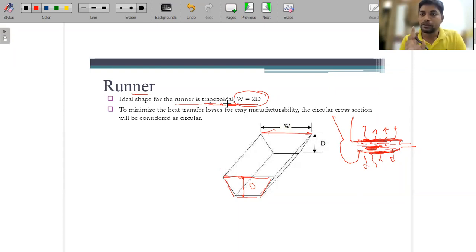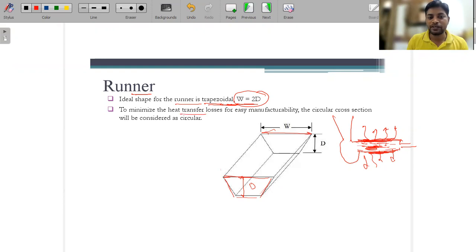As per the materials only we are considering these shapes. If we are using high temperature alloys or high entropy alloys, which melt at very high temperature, the outer shape can be prepared as trapezoidal, and inside we make a hollow section, which is nothing but a cylinder.